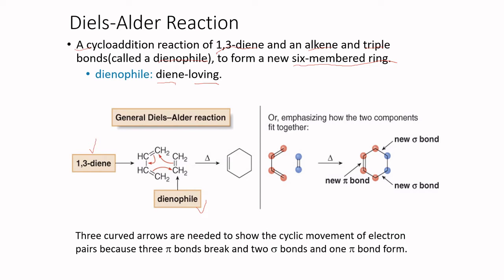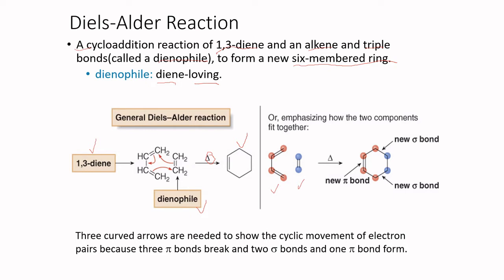Under thermal condition, it will give you a new cycloaddition product. Or we can show it when you have a compound which is the diene here, and this is the dienophile. What happens if they react?